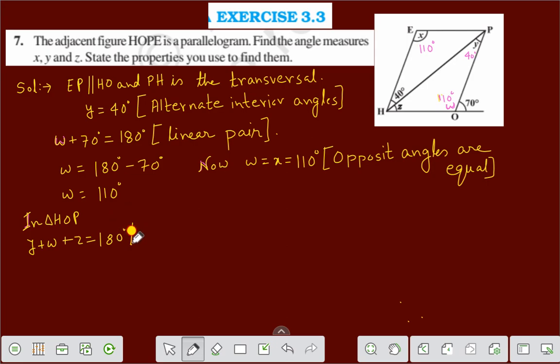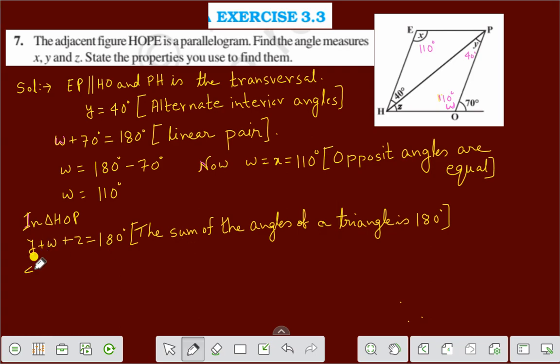The sum of the angles of a triangle is always 180 degrees. So the value of Y is 40 degrees.